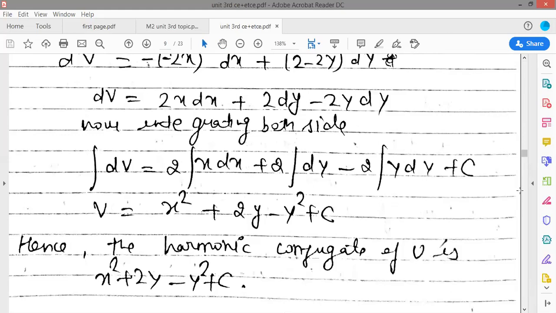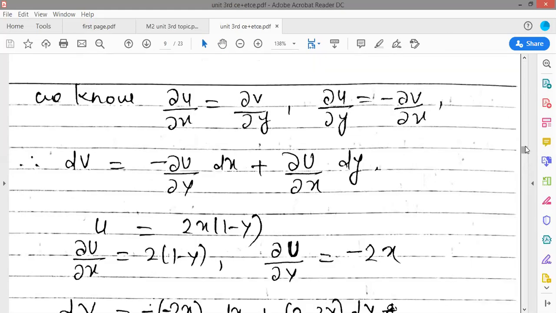So just find our partial derivatives, del u by del x and del u upon del y. The new equation is dv is equal to minus del u upon del y dx plus del u upon del x into dy.